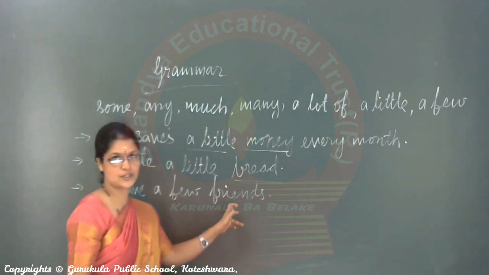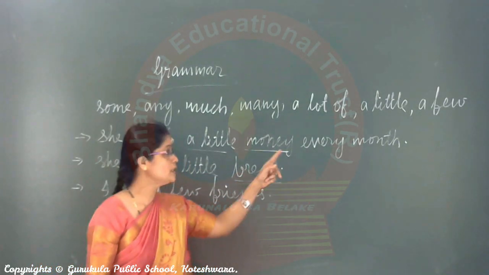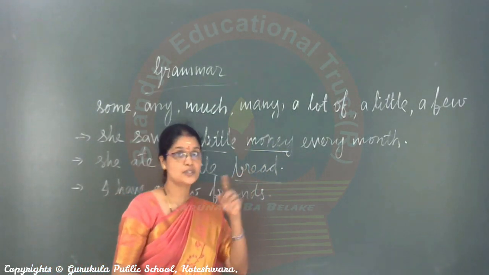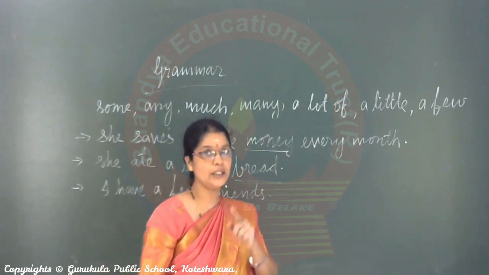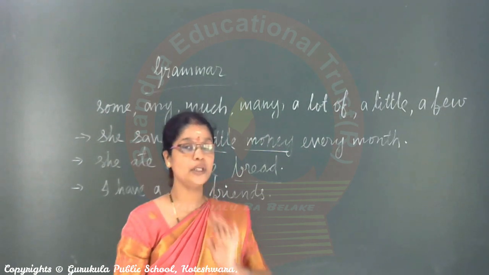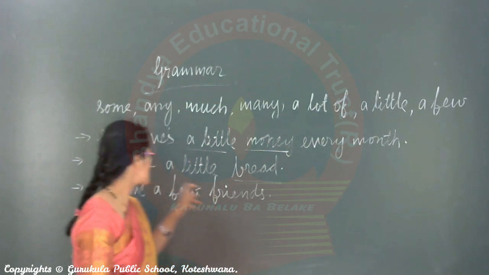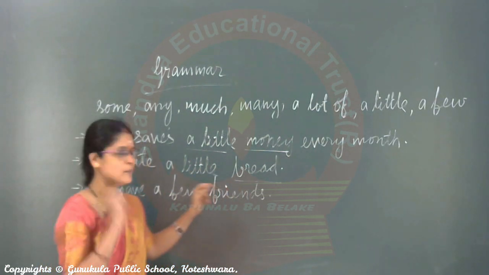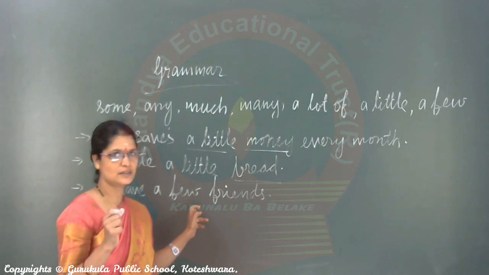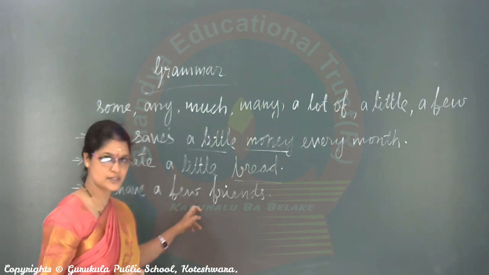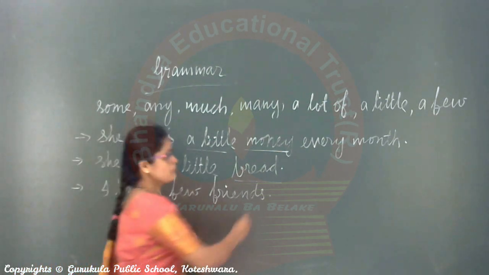A few friends. Understood? See, a little and a few are the same in meaning. What's the meaning? Some. A little bread means some bread, a few friends means some friends. Understood? And one more word is there, listen here.